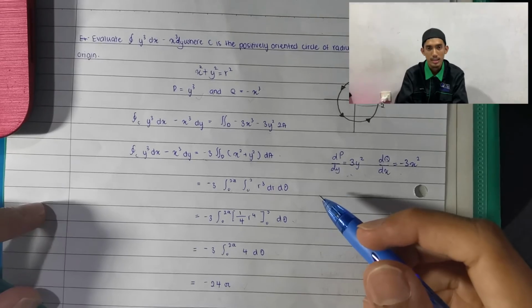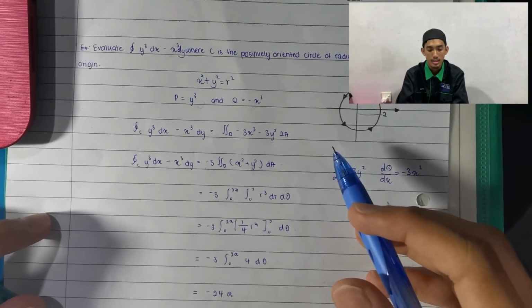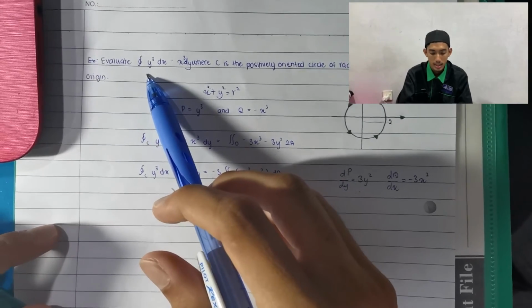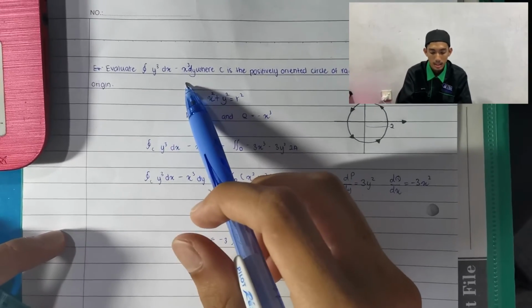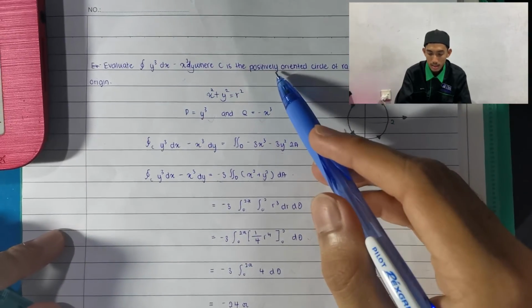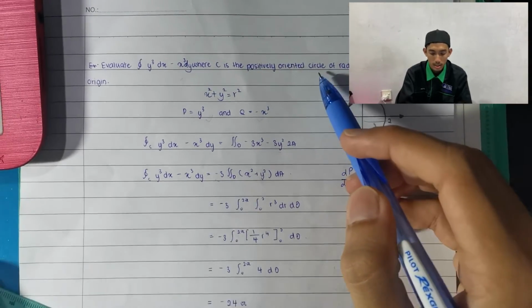For this assignment, I found a question which is to evaluate the integral of y cubed dx minus x cubed dy, where C is the positively oriented circle of radius 2 centered at the origin.